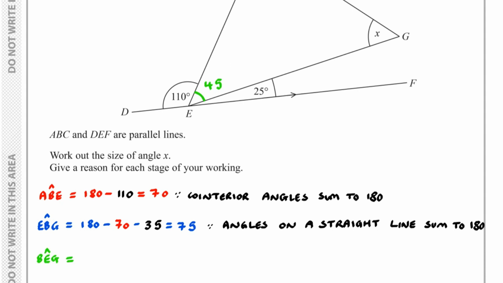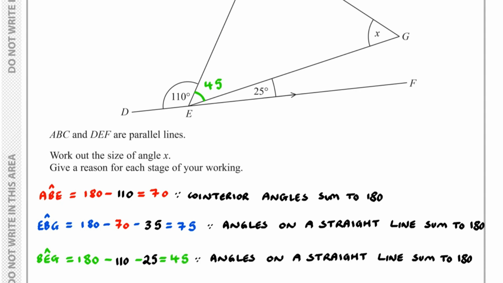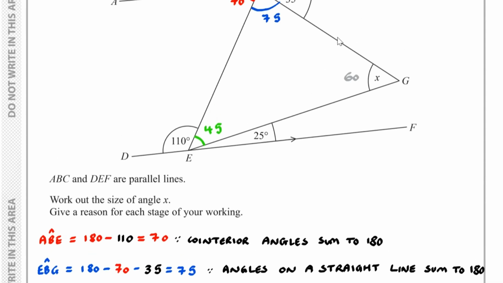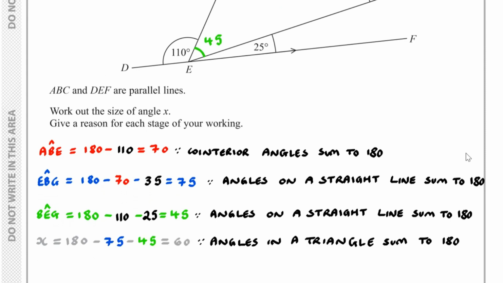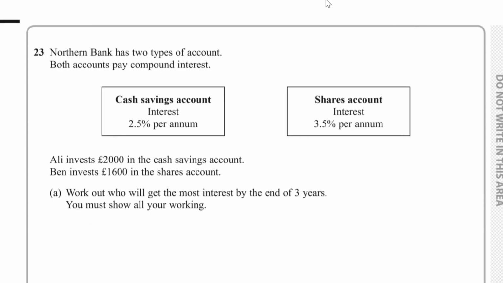So we've got BEG, which is 180, take away the 110, take away the 25, which is 45. Again, angles on a straight line sum to 180, and the angle X here then is 60 because angles in a triangle add up to 180. So X is equal to 180 take away 75 take away the 45, which is 60, because angles in a triangle sum to 180.